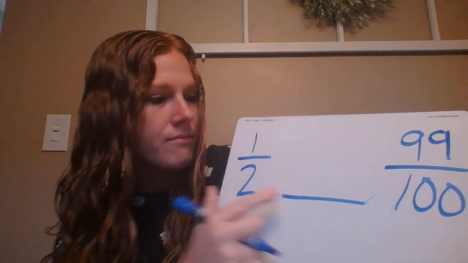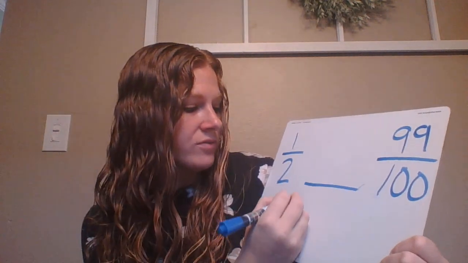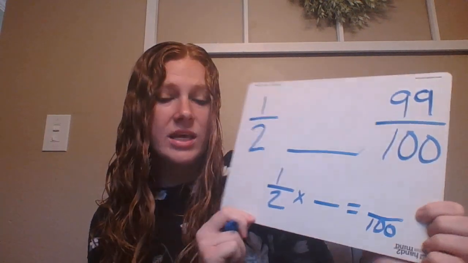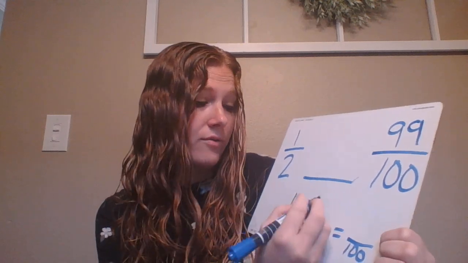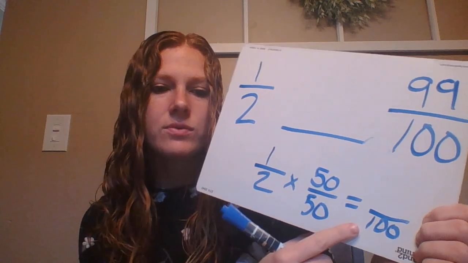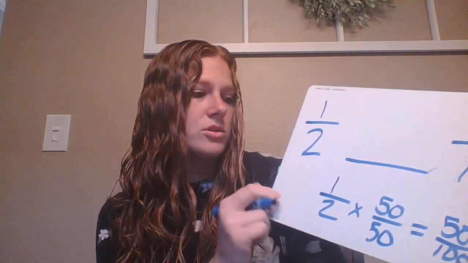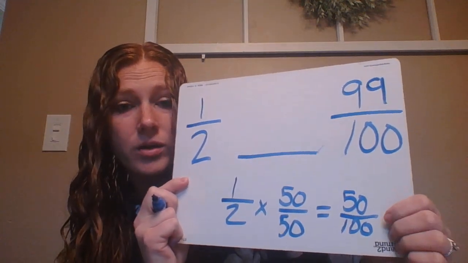But I can make this 2 into 100 by multiplying. So 2 times what equals 100? If you think 50, then you would be correct. But that means I would have to put 50 on top as well. So 2 times 50 is 100. 1 times 50 is 50. So 1/2 is actually the same as 50/100.